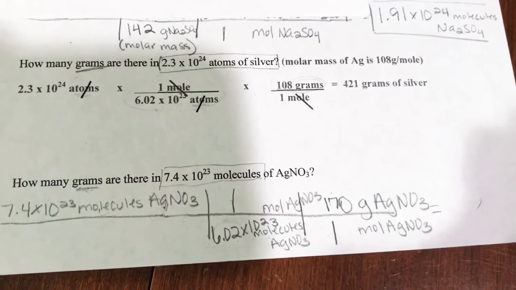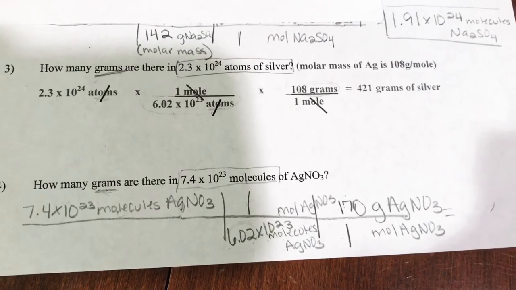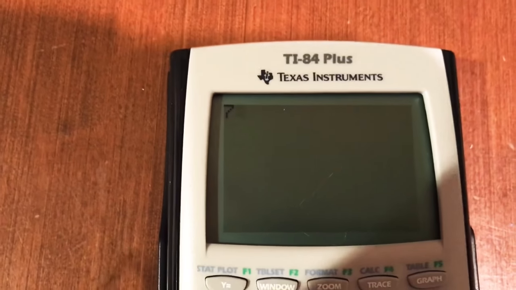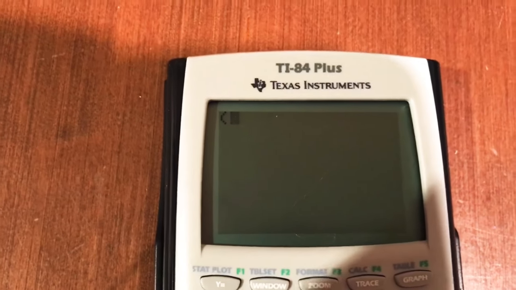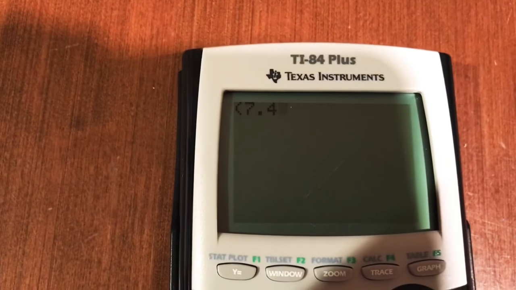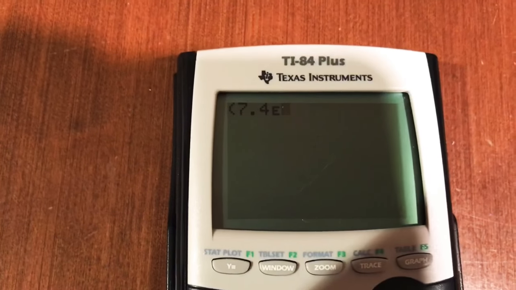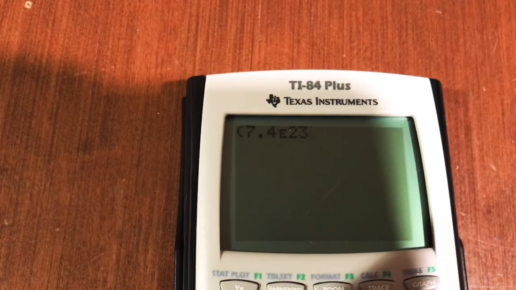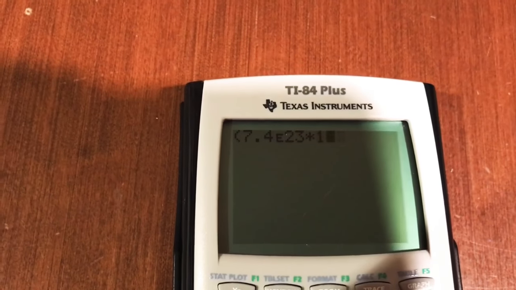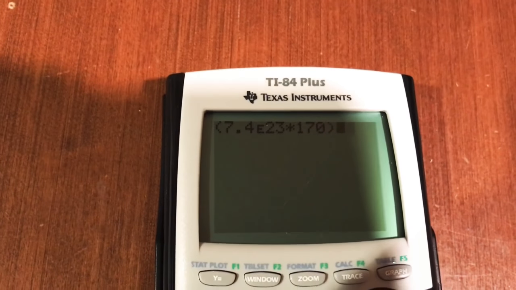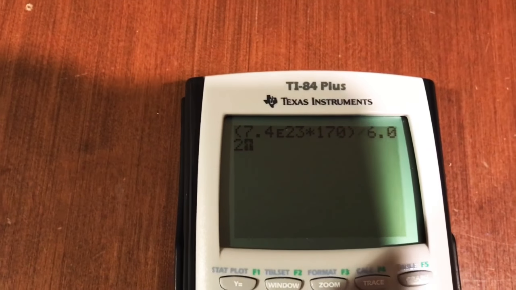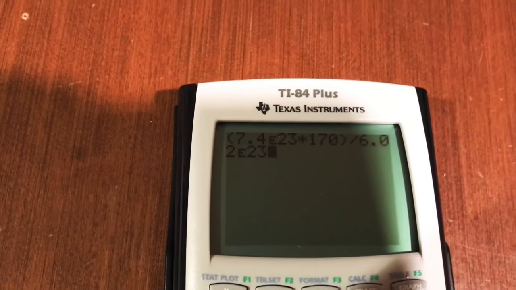And then we are simply going to plug this in. Okay? So I have parenthesis. I have 7.4 times 10 to the 23rd power multiplied by 170 divided by 6.02 times 10 to the 23rd power.